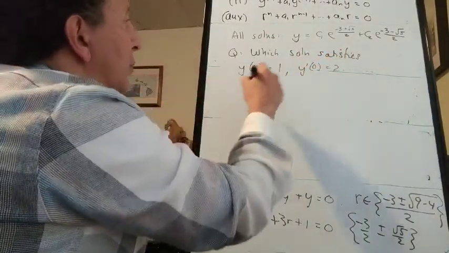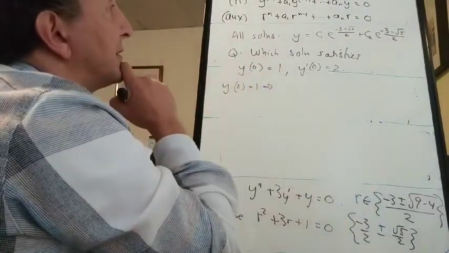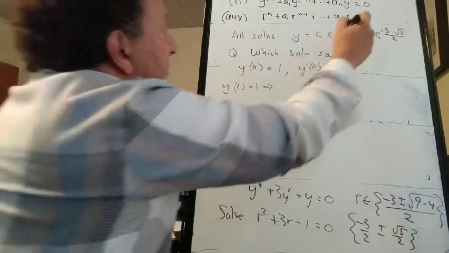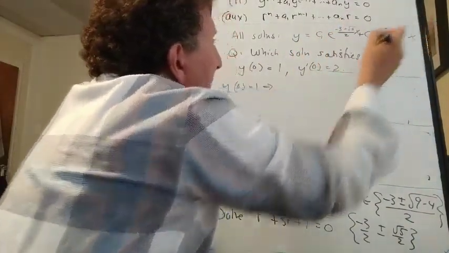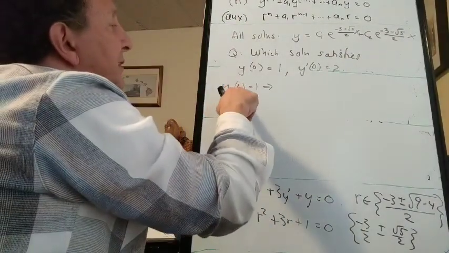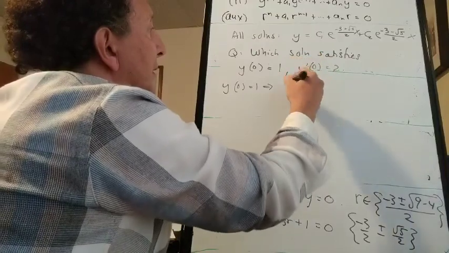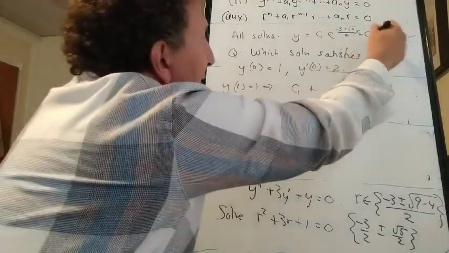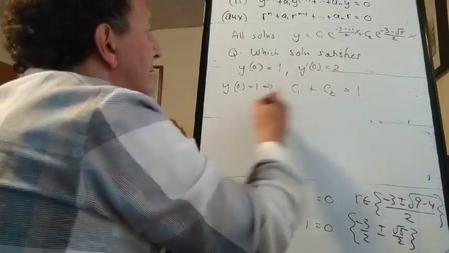So if y of 0 equals 1, that implies that, oops, this should be an x here. That constant times x and that constant times x. So if x is 0, then this is just c1. If x is 0, that's just c2. And that equals 1.